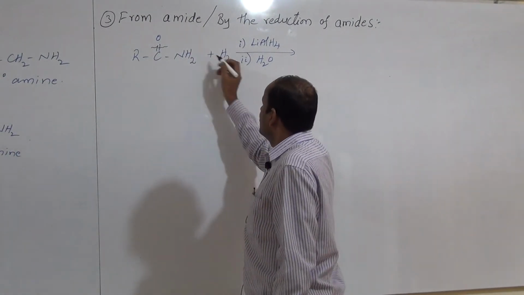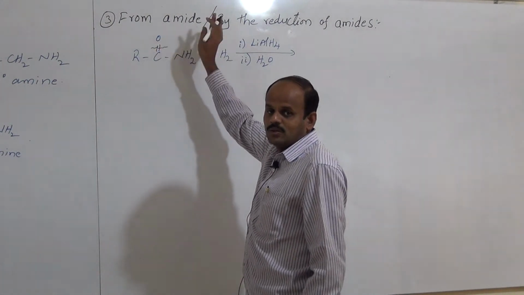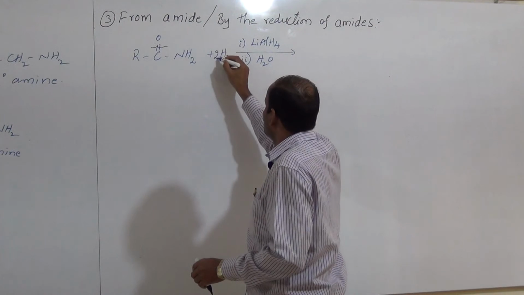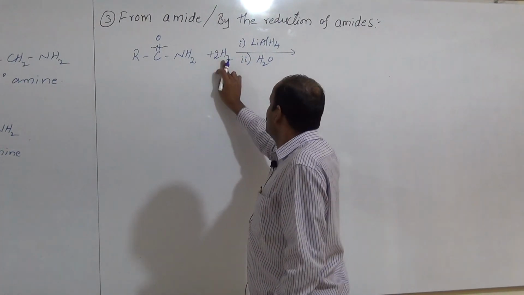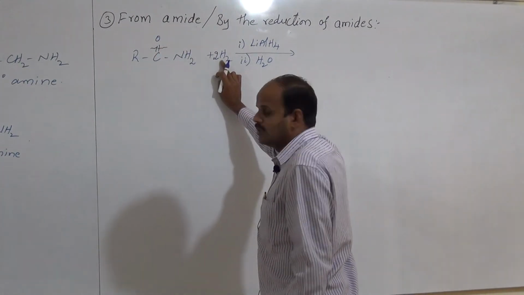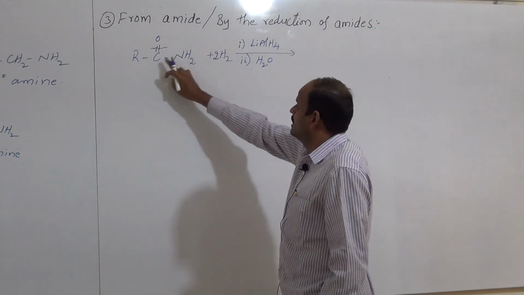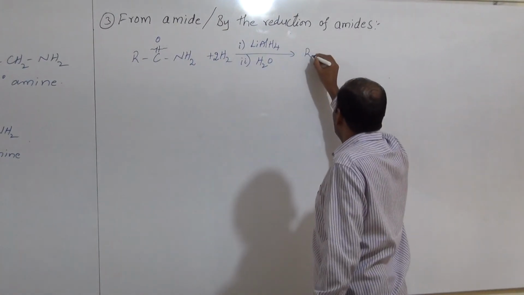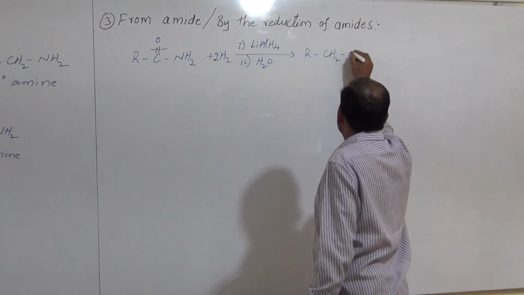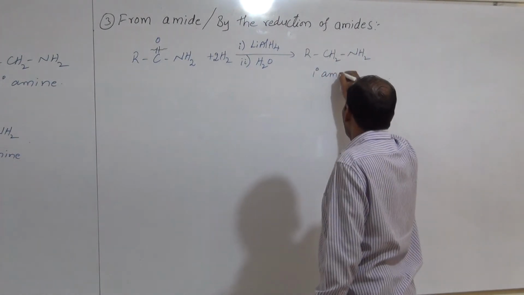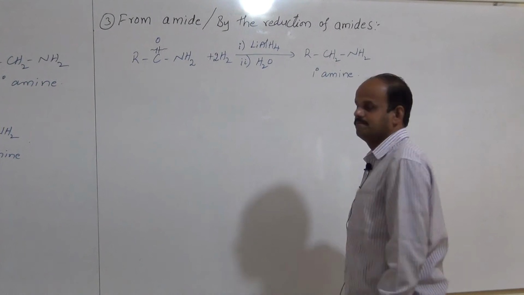Two hydrogens and one oxygen are removed as water, and two more hydrogens are involved. Total 4 are involved. These 2 hydrogens are attached on this carbon. Thus we get RCH2NH2. So this is the primary amine.